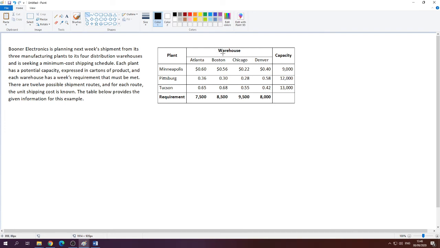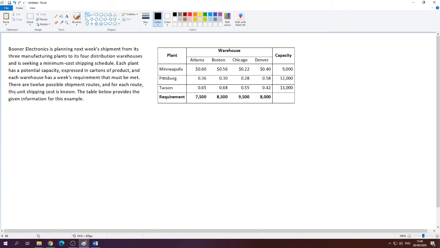So the warehouses are in Atlanta, Boston, Chicago, and Denver. The requirement for the warehouse in Atlanta is 7,500 units. In Boston it is 8,500 units, for Chicago 9,500 units, and in Denver they need 8,000 units.